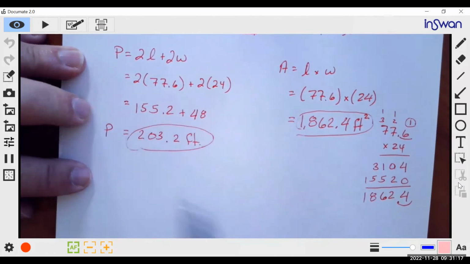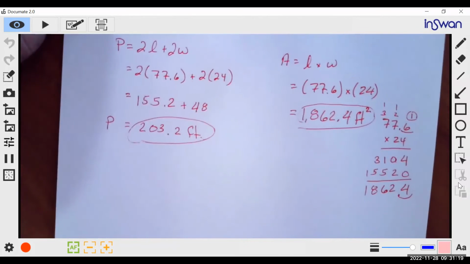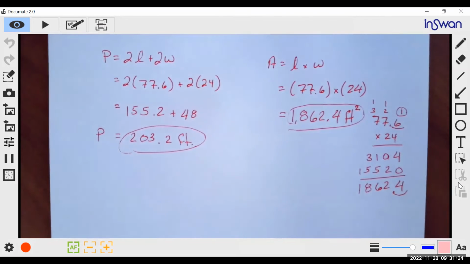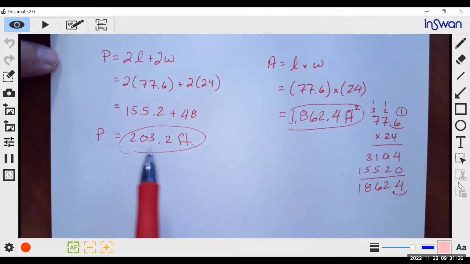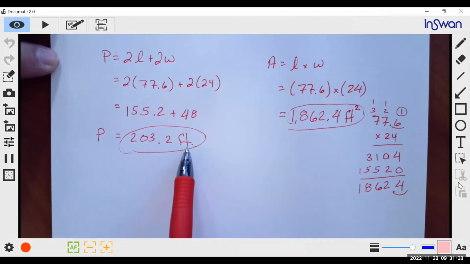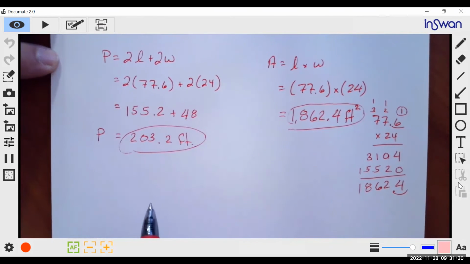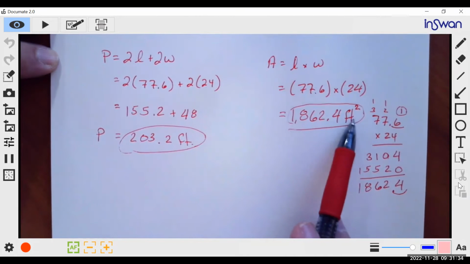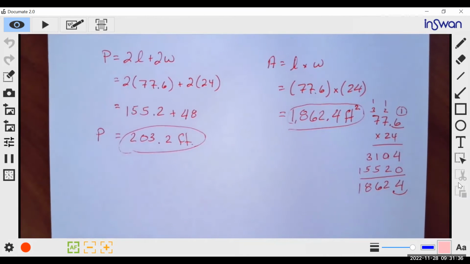Since we're dealing with units now, since we're dealing with feet, inches, meters, gallons, whatever, perimeter is strictly with the same units, feet. But area is feet times feet, which is feet squared. Because it's going to ask you that.